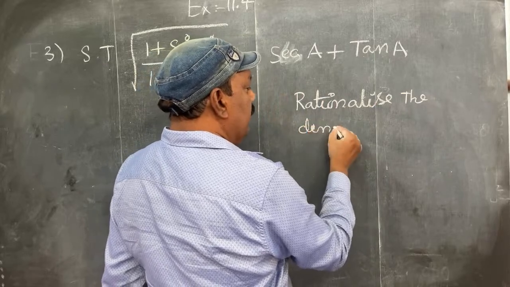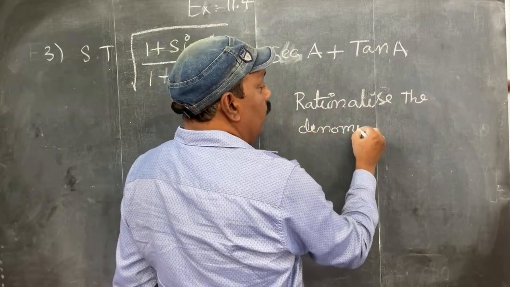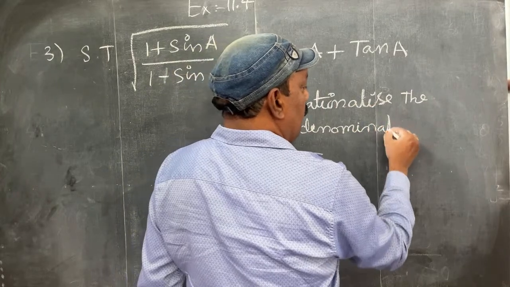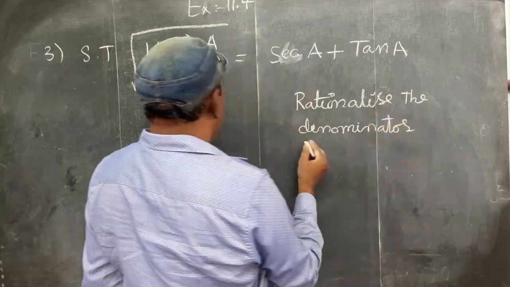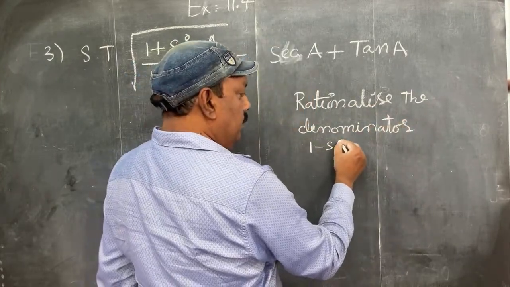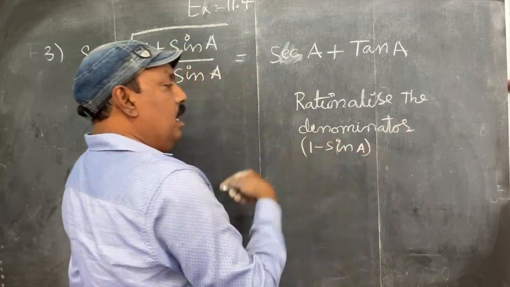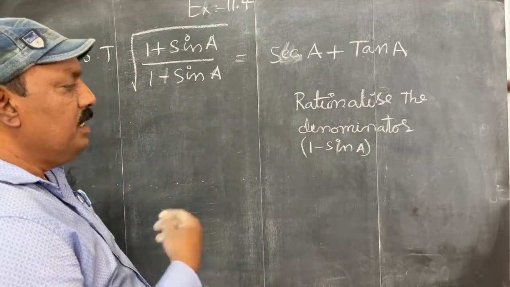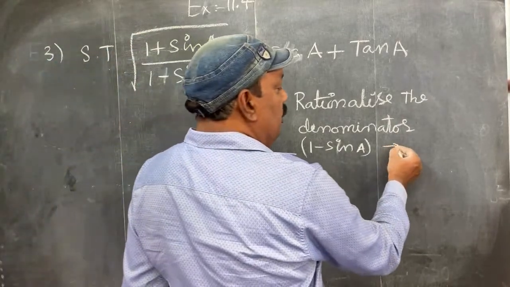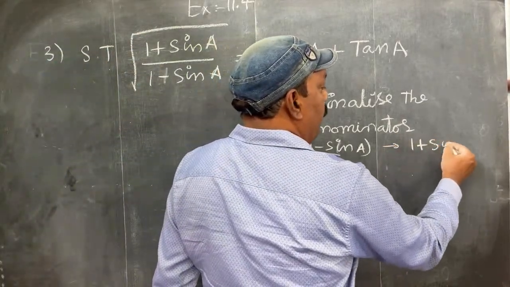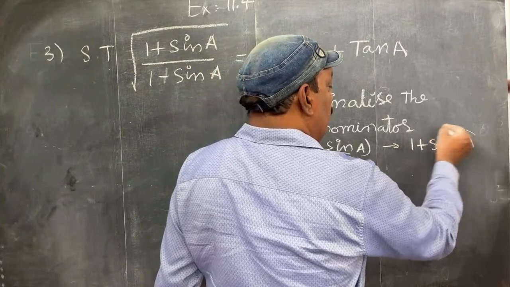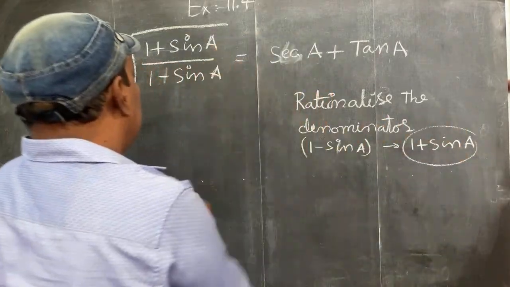That meaning, I will tell you now: the denominator here is 1 minus sin A. Rationalize means you have to take the opposite sign, 1 plus sin A, and multiply on either side.